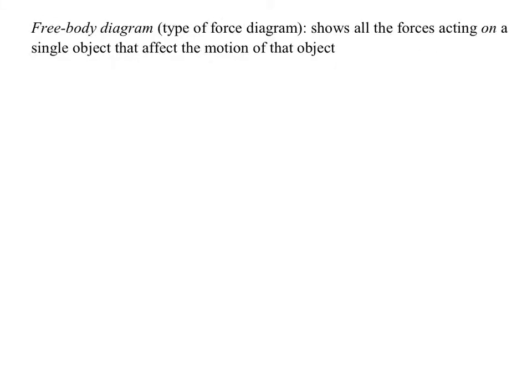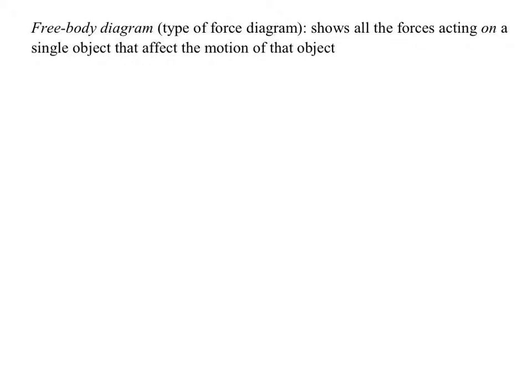Okay, so those are the two types of forces that we're going to be looking at. Free body diagrams, and let's talk about what they are. A free body is a body that's not connected or attached to other surfaces. So if I wanted to draw a free body diagram of Summer's bag, it's currently sitting on the table.